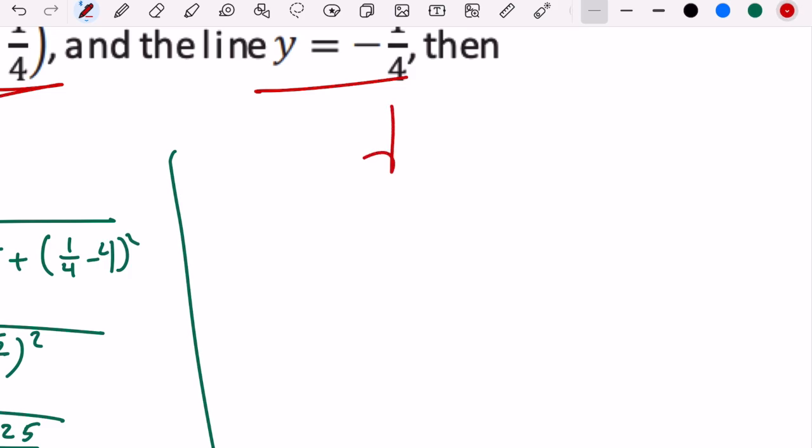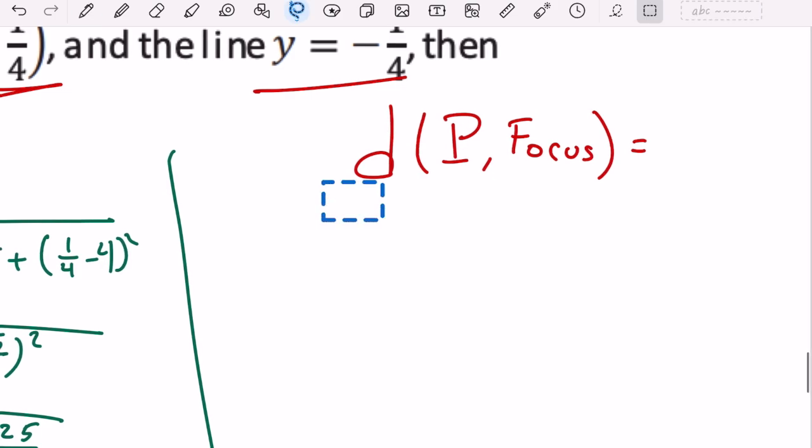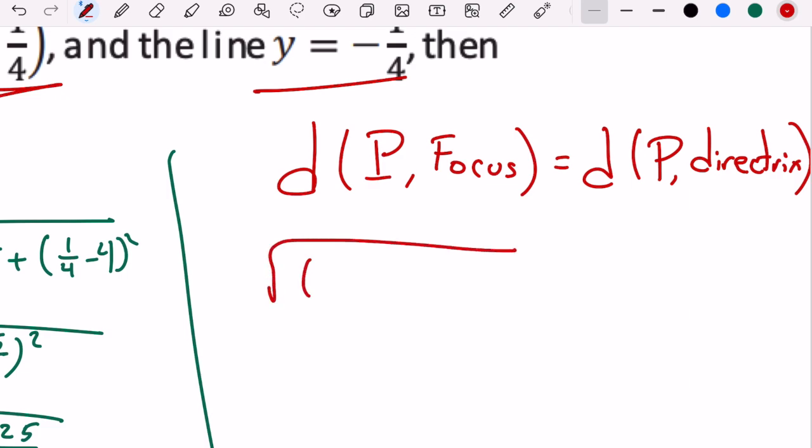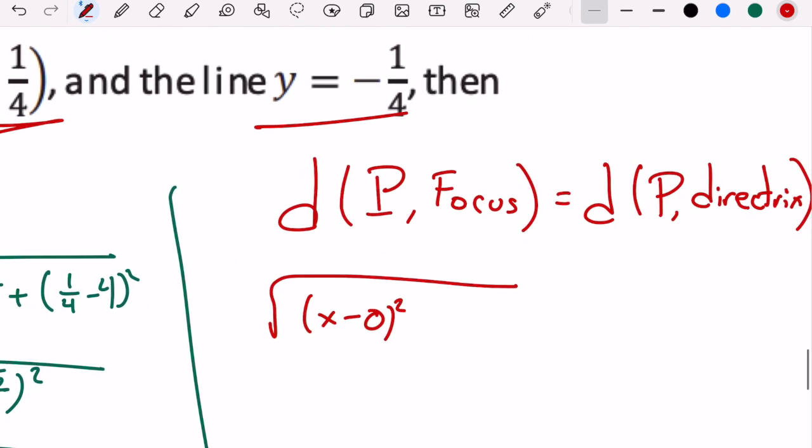In general, I want to find an analytic equation. So the distance from P to the focus is the same as the distance from P to the directrix. Okay, so the distance from P to the focus, that is the square root of x minus 0 squared plus y minus 1/4 squared.